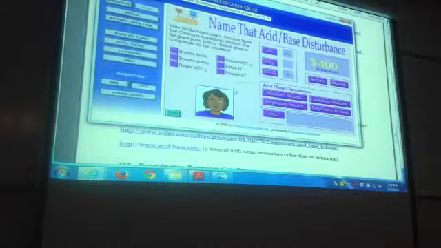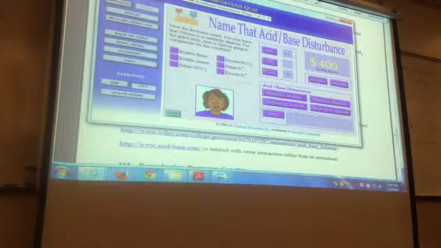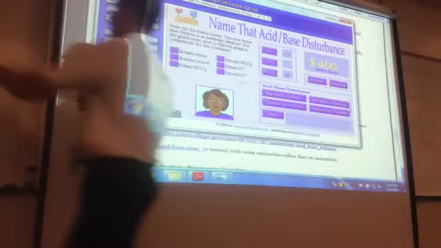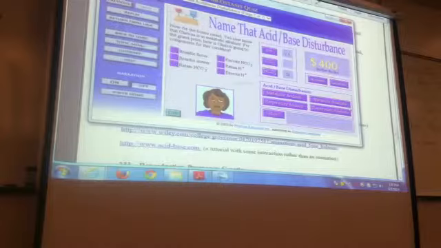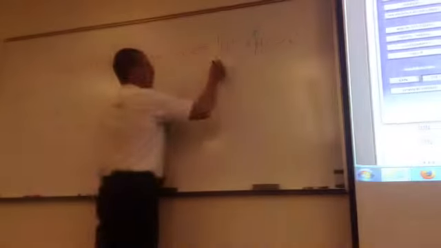Look at these choices. Tell me the compensation you will see. She took an antacid, right? Breathe slower. Okay, let's go through it. She's in metabolic alkalosis. So if we do our math on our equation, she has too much of this, which is the equivalent of saying she has too little of this.